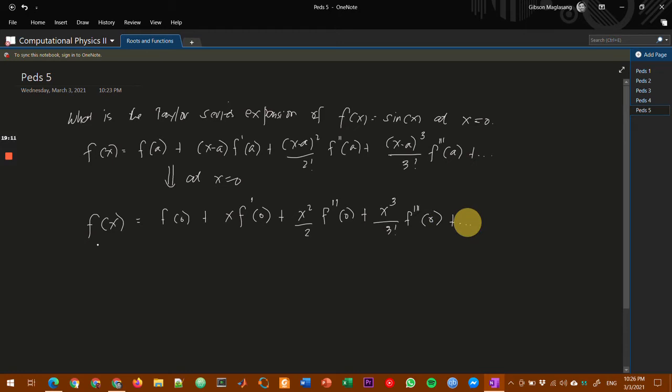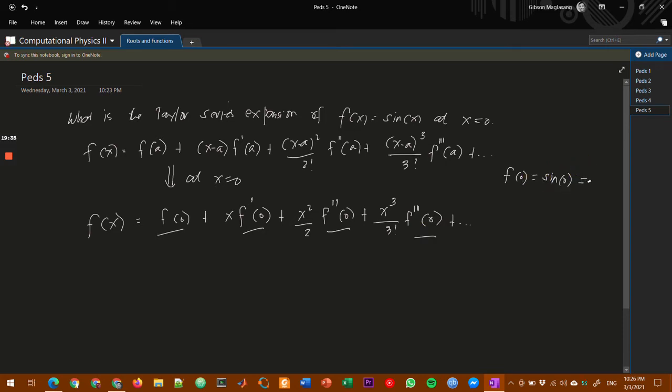So to get the form of your sine function approximation in terms of the Taylor series, we have to evaluate each of these. Okay, so what is f of 0? That's actually sine of 0, right?